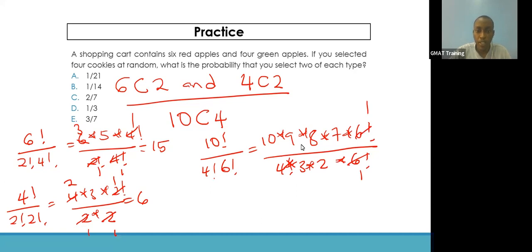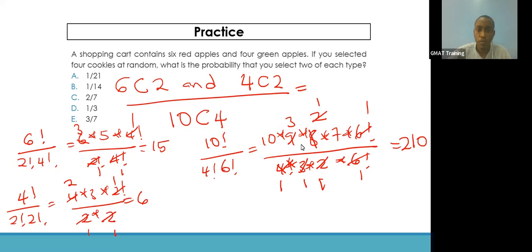We have 10 here, so we can take a factor of 4 from 4, that's 1, a factor of 4 from 8, that's 2, a factor of 3 from 3, that's 1, a factor of 3 from 9, that's 3, a factor of 2 from 2, that's 1, another factor of 2 from 2, that's 1. So you have 7 times 3 times 10, which is 210.